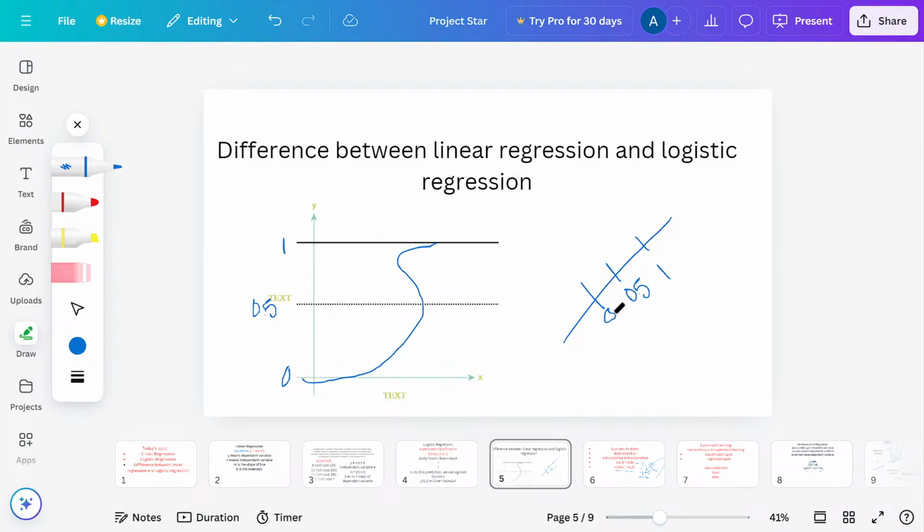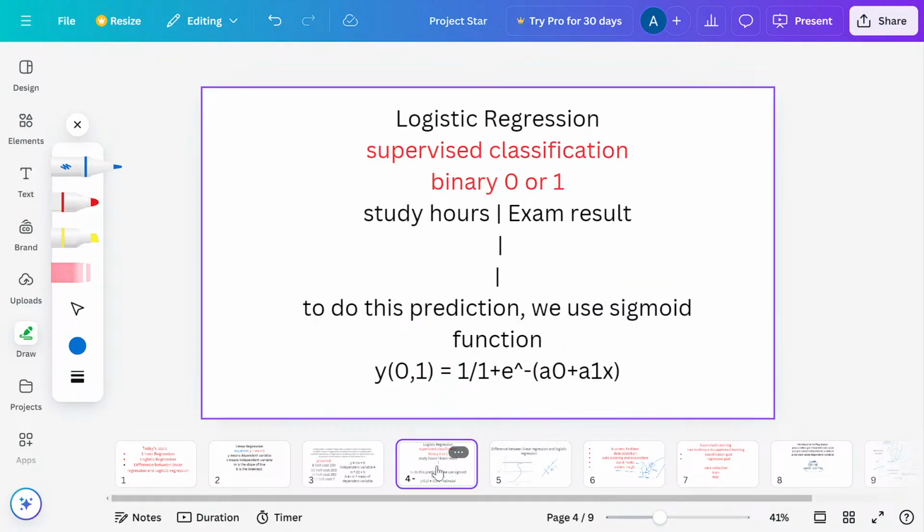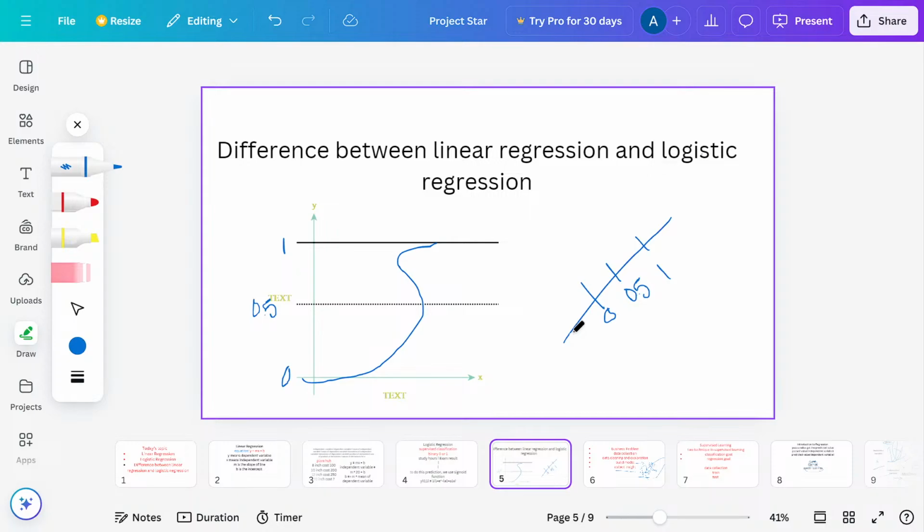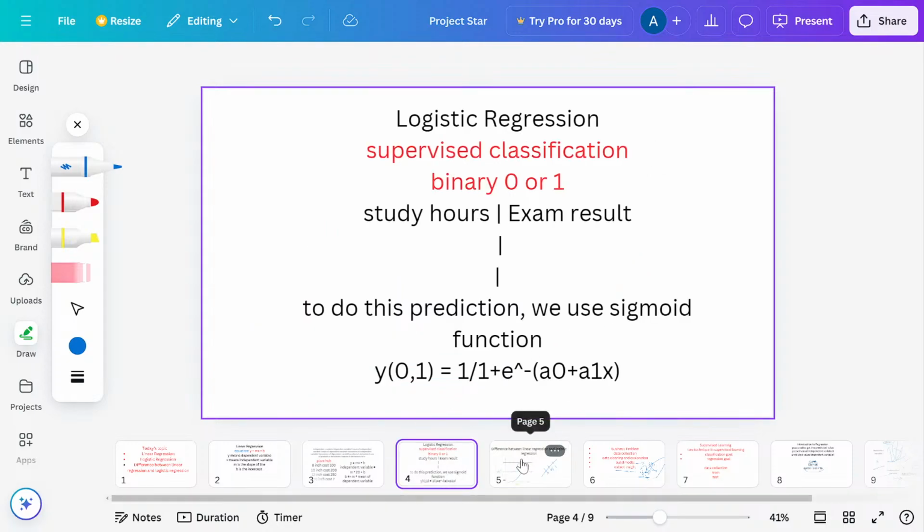If the value is less than 0.5, then it belongs to 0. So we just need to find whether the value of y is greater than 0.5 or less than 0.5. If it's greater than 0.5, it's going to be 1. If it's less than 0.5, it's going to be 0.